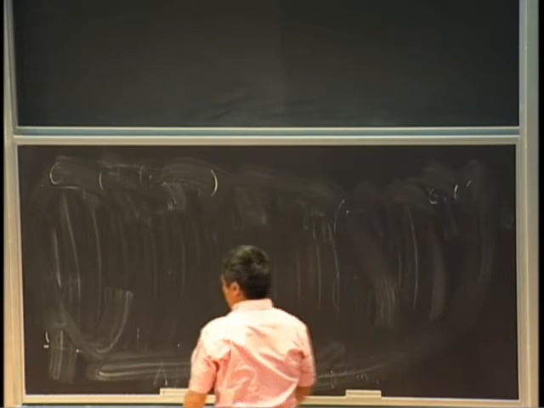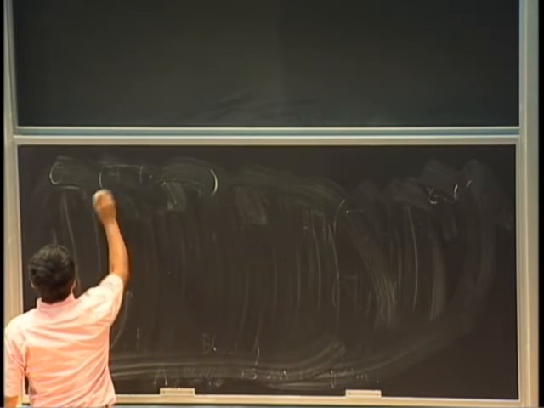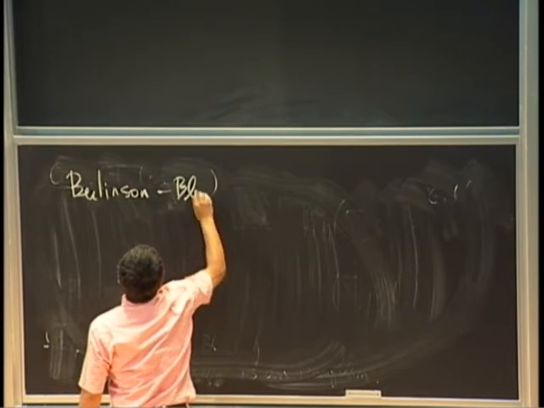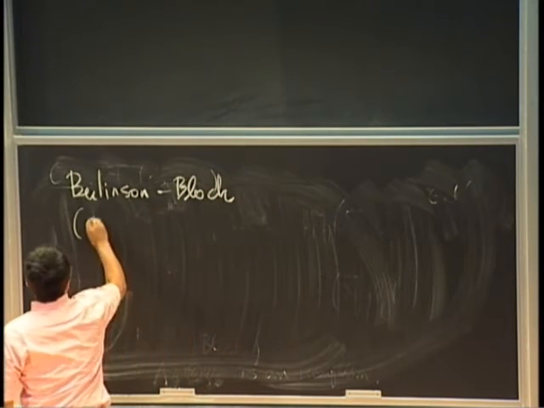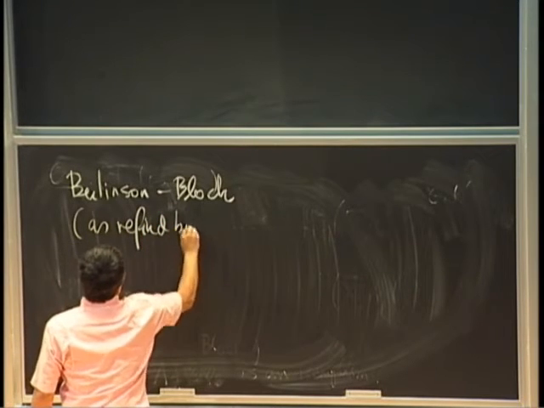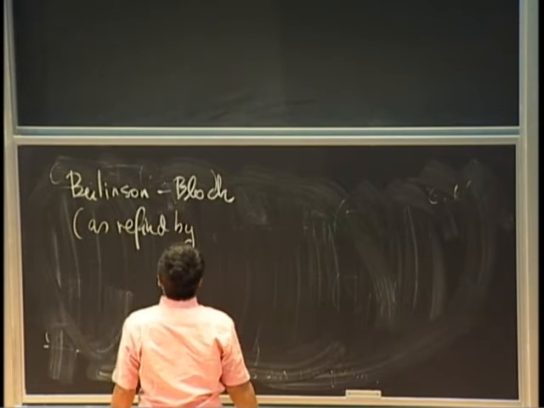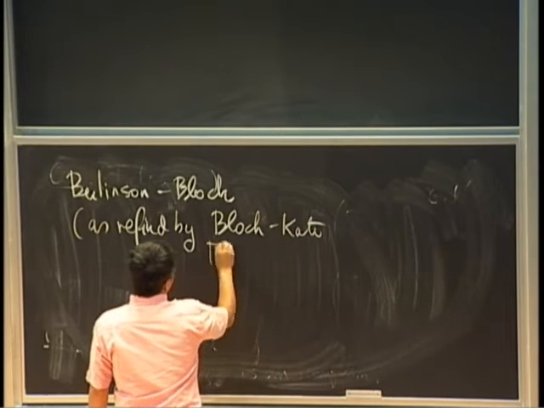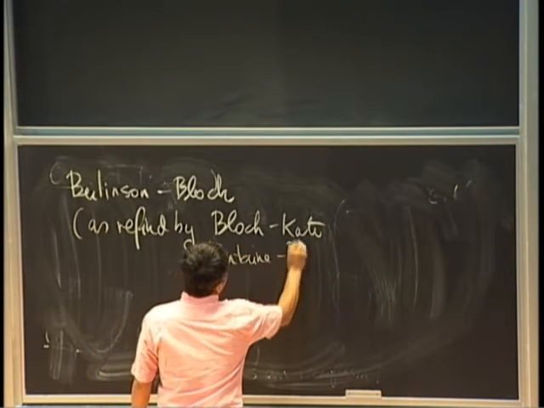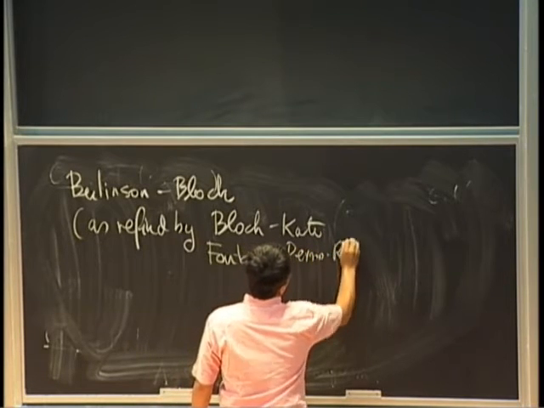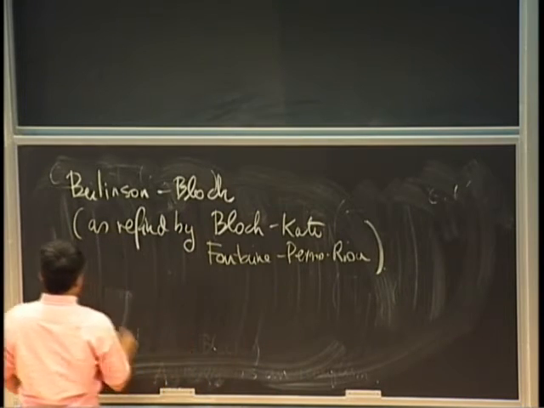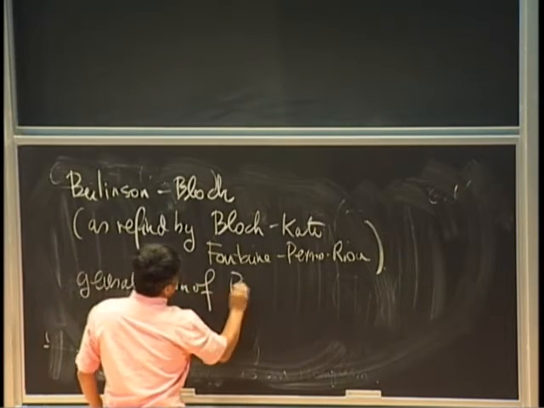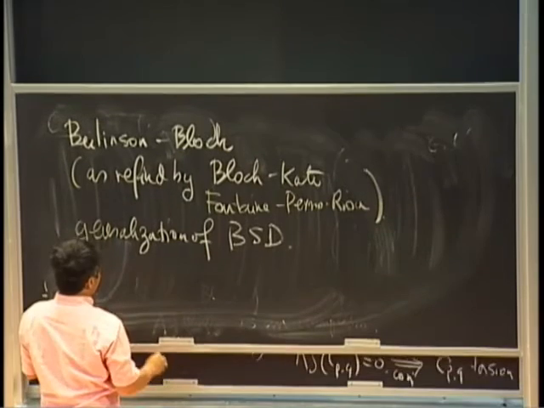Okay, so this is about the cycles. There are also conjectures about the relation of cycles with L-functions. There is the Beilinson-Bloch conjecture, as refined by Bloch, Kato, and Fontaine-Perrin-Riou, which gives a certain generalization of the BSD conjecture.